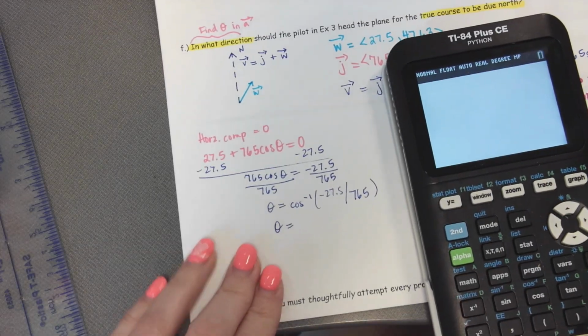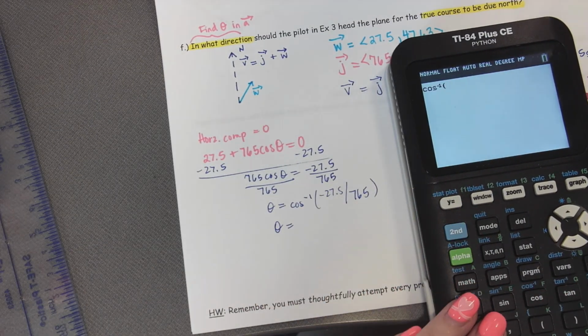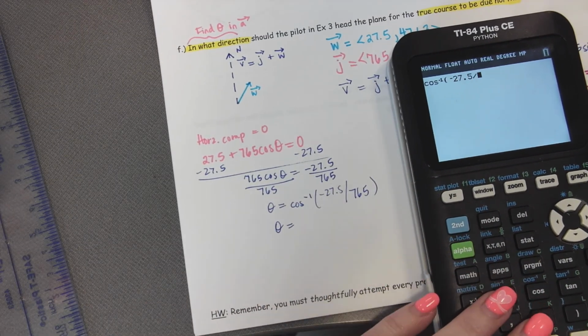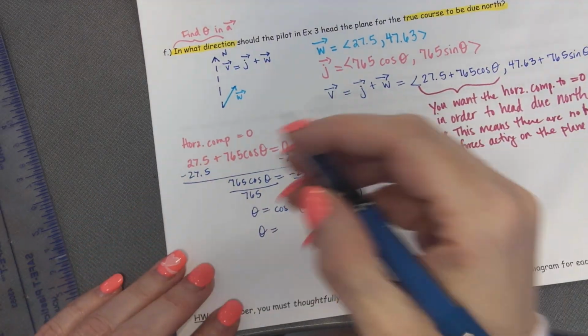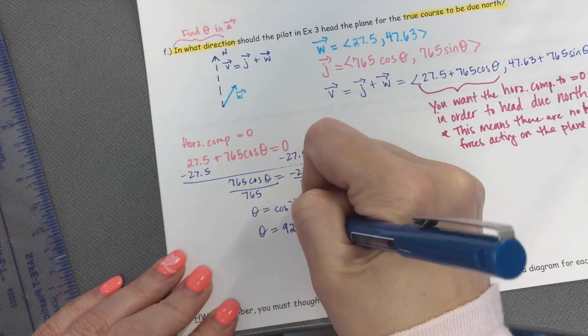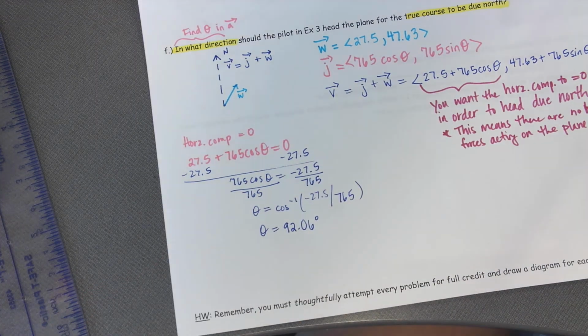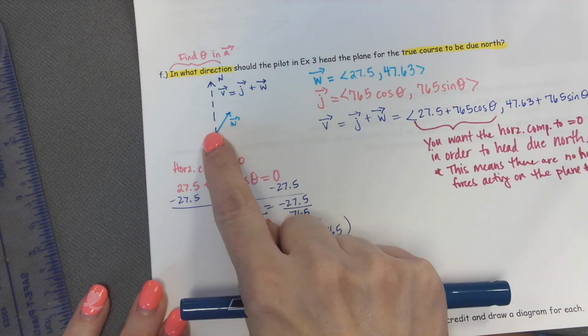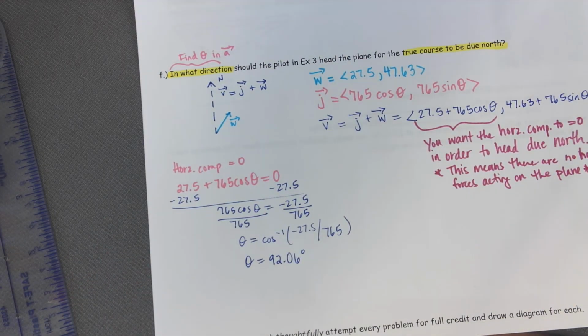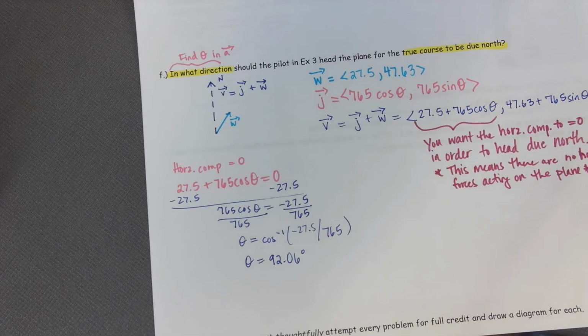All right, so let's do our calculation. Okay, and then we got 92.06 degrees. All right, so we're going to have to determine the bearings. So you might remember from last week we talked about this dashed line is the diagonal of the what? The parallelogram.